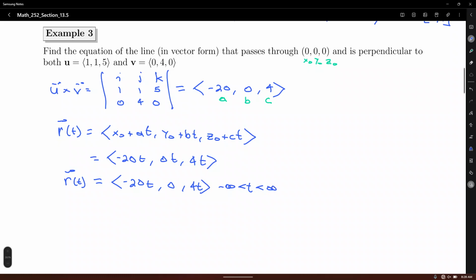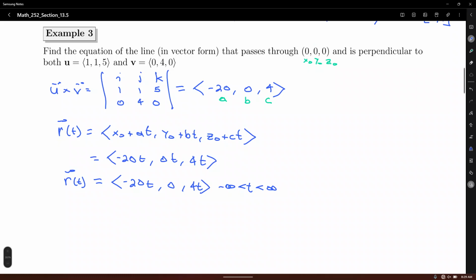When you just see the word line, that implies all real numbers. Otherwise, if it's the line segment between two given points, then you need to specify the interval. And in fact, we wouldn't be able to specify an interval because we're just given an initial point. We're not given a terminal point. So there's no way we can get the terminal.